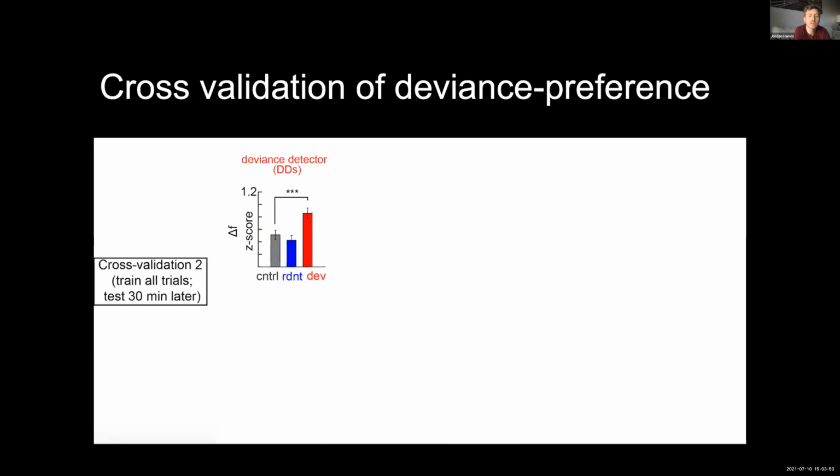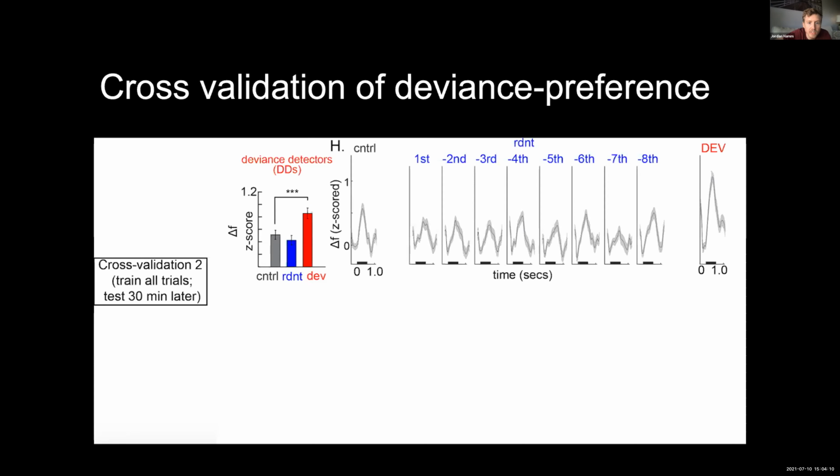So to follow up and test this in a more rigorous way, we ran the same oddball paradigm 30 minutes later in the same neurons. And you can see, selecting for deviance detectors in the first run and then seeing if they still retain the same preference later on, these are the averages for those neurons.